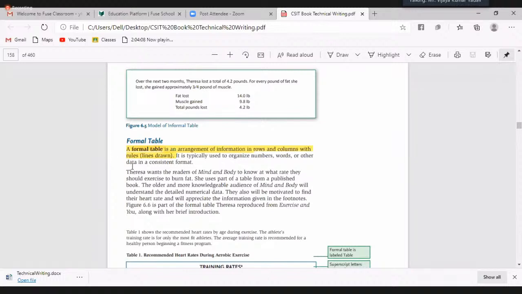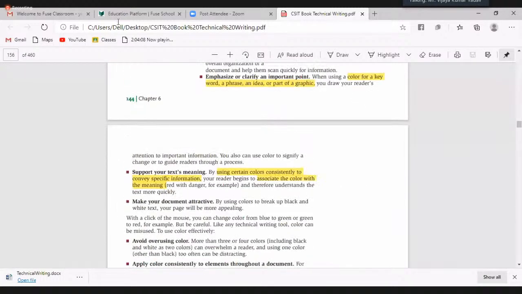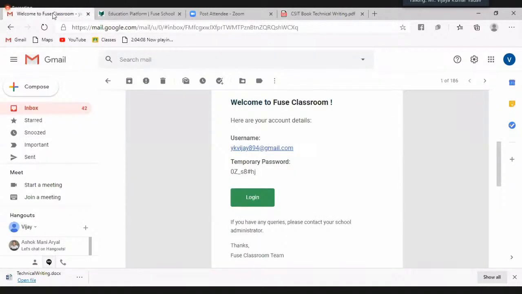I'll post it in Google Classroom, and from this you can highlight in your Word document. Okay. So let me see. I also wrote the question in the classroom.